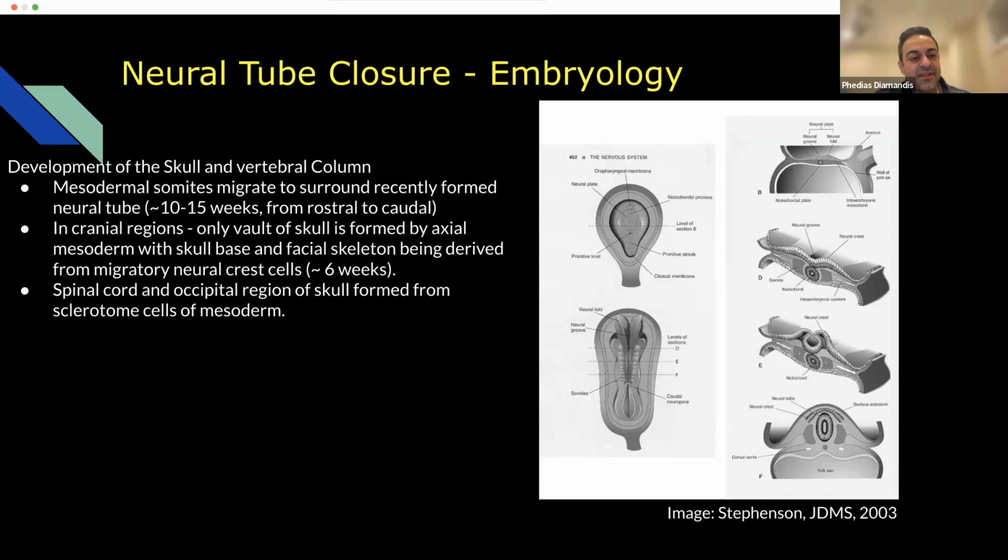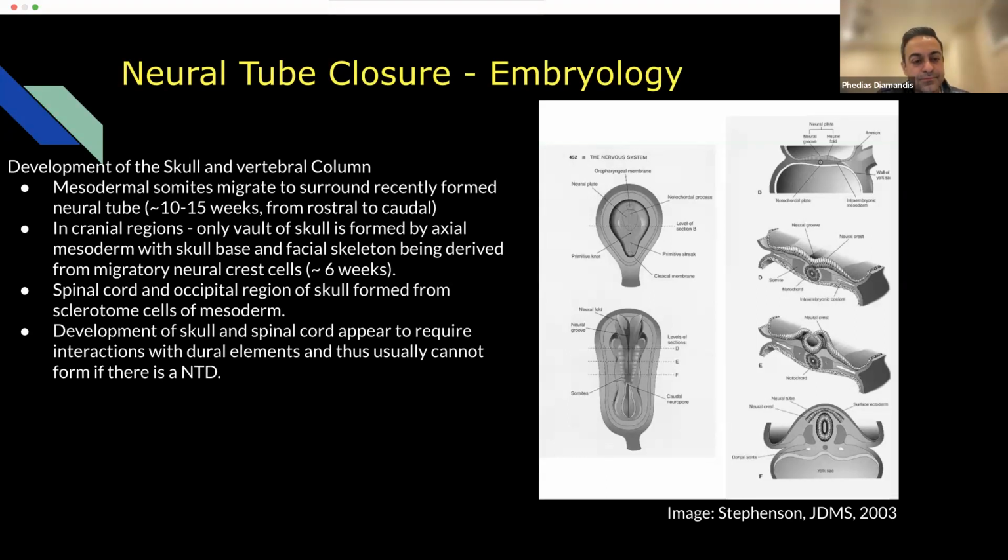But the occipital region of the skull and the spinal cord are really formed from the sclerotome cells of the mesoderm. Interestingly, development of the skull and spinal cord appears to require interaction with dural elements. And therefore, when you don't have neural tube closure, you're going to have defects in your skull development because the two are inherently connected.